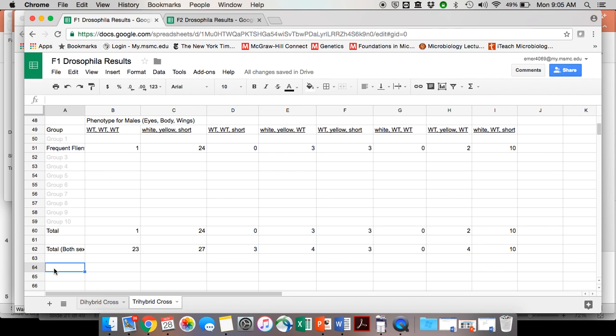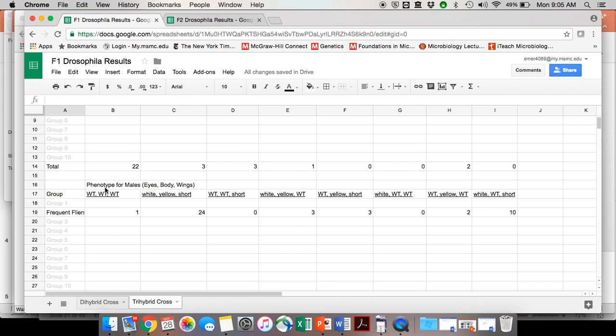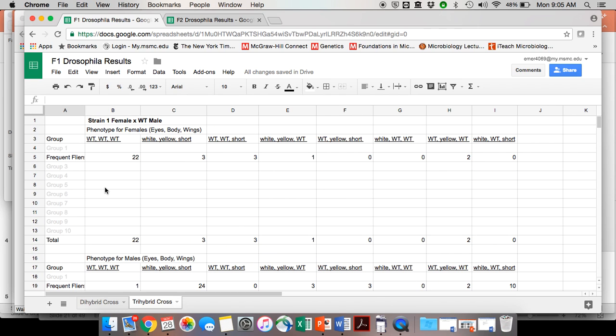You'll notice there's no grand total here. There's no need to use a grand total for the F1 or for the F2 for the trihybrid cross. You can use just either of the reciprocal crosses.